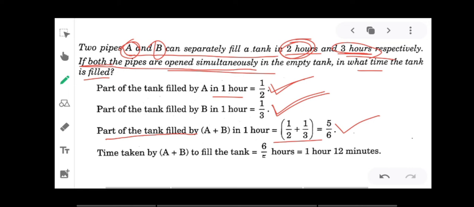If both the pipes open simultaneously, then in 1 hour they can fill 5 upon 6. Clear?